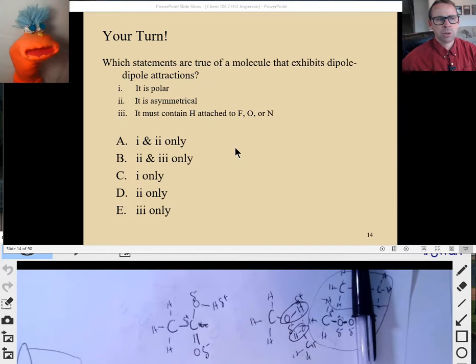So are you asking which ones can hydrogen bond, what you need to hydrogen bond? No, it's not asking that, is it? It's just what does a molecule need for there to exist dipole-dipole attractions between them? Yeah, so it would just be 1 and 2. Why not 3? Well, that's what you need if it was hydrogen bonding. That's right. Very good. Good job.